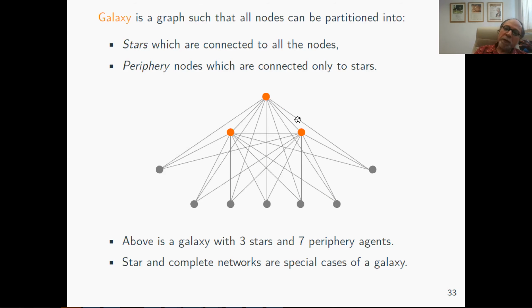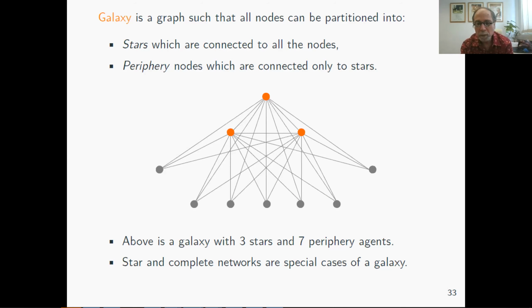This figure is confusing, but the nicer way to think about it in a three-dimensional space is to think about these three stars lying above the periphery. Think about the periphery as being a cycle on the floor, and the stars are lying above the floor. Each of the stars is sending links to the other stars and to all the periphery nodes.